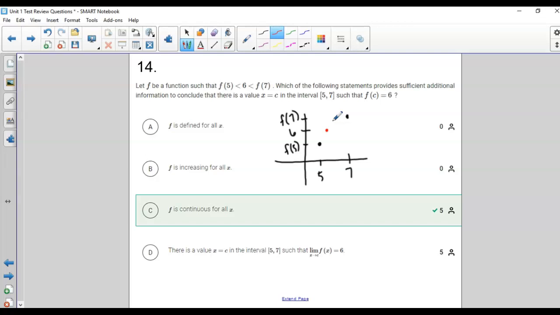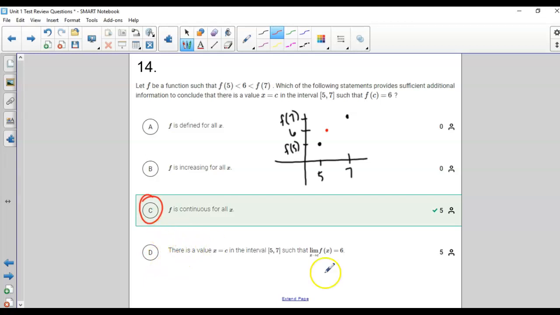So this is the intermediate value theorem. And so we already have all the conditions you need for intermediate value theorem. We know that 6 is between our y values. We also know that we're looking on the interval from 5 to 7. So what we're missing here is that f is continuous, because intermediate value theorem does not work if f is not continuous. So that is the condition that we must have.